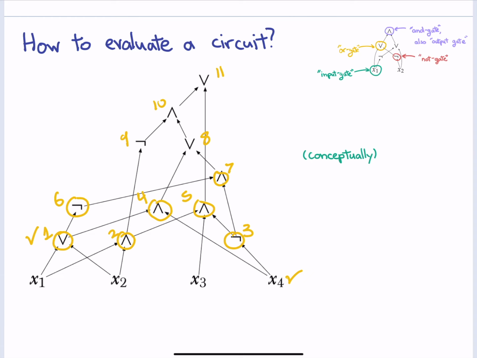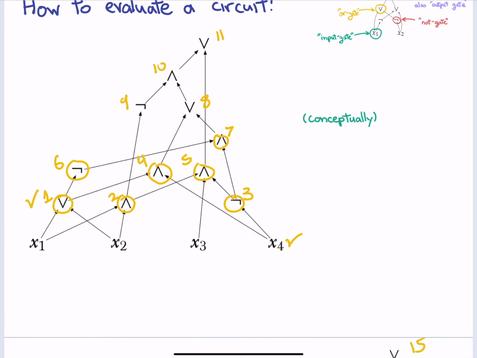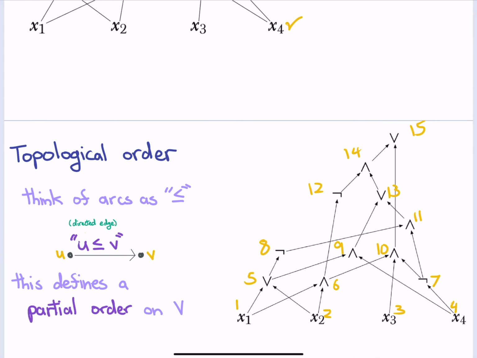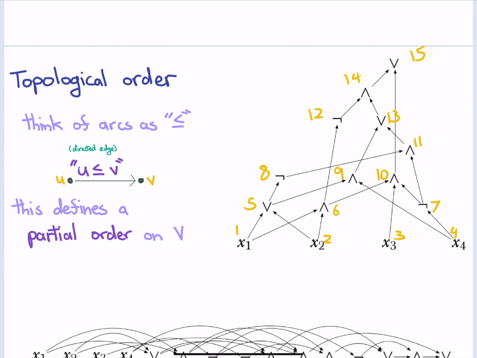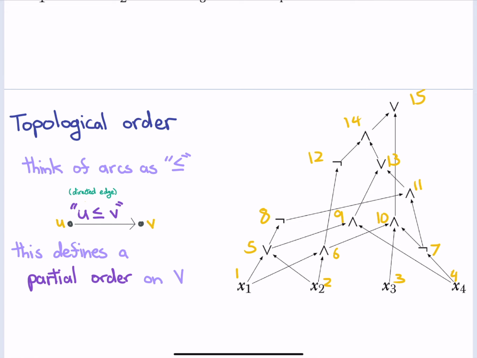Okay, fine. Now, that brings us to the definition of a topological order. Think of the arcs as saying like less than or equal, right?